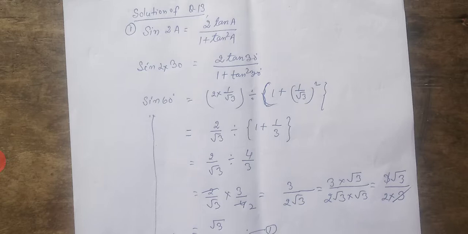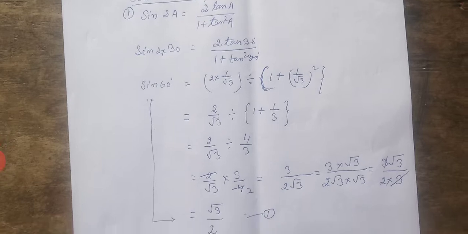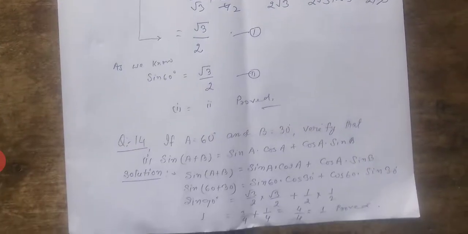Now root 3 is rationalized, so root 3 is multiplied with numerator and denominator both, so we get 3 root 3 divided by 2 into 3. 3 cancels, so we get root 3 by 2. As we know, sin 60 is equal to root 3 by 2. First is equal to second equation, it is proved.